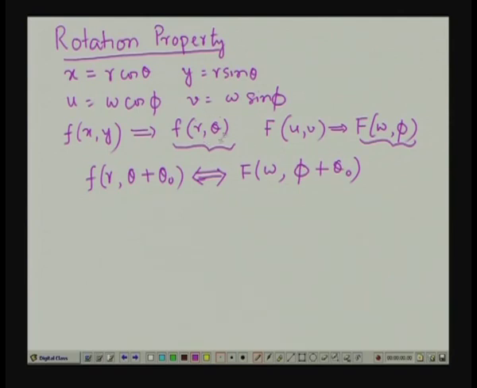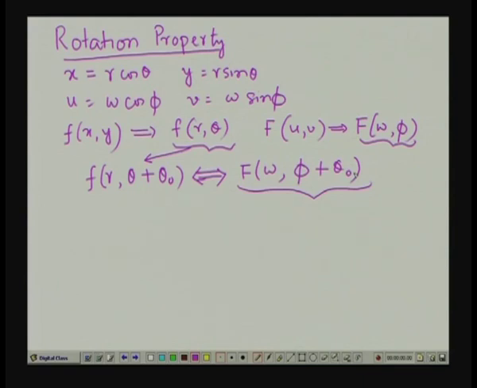If I rotate this by an angle theta naught, the rotated image becomes f(r, theta plus theta naught). If I take the Fourier transform of that rotated image, the Fourier transform becomes F(omega, phi plus theta naught), where F(omega, phi) was the Fourier transform of the original image f(r, theta).